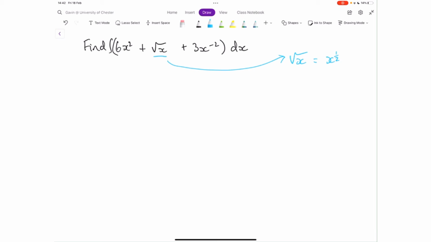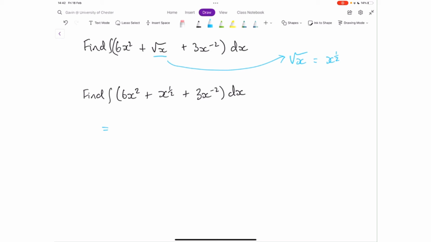So if I rewrite this in a slightly friendlier form, find the integral of 6x squared plus now x to the half plus 3x to the minus 2 with respect to x. I can integrate this more easily.